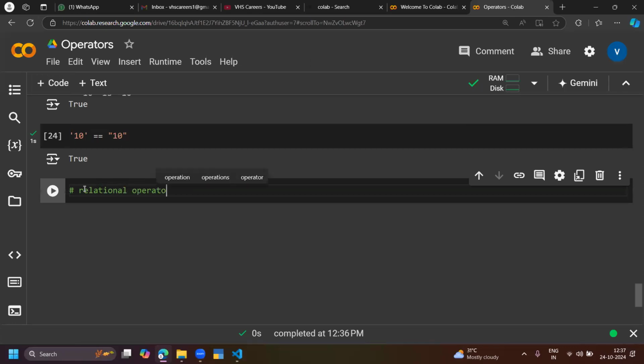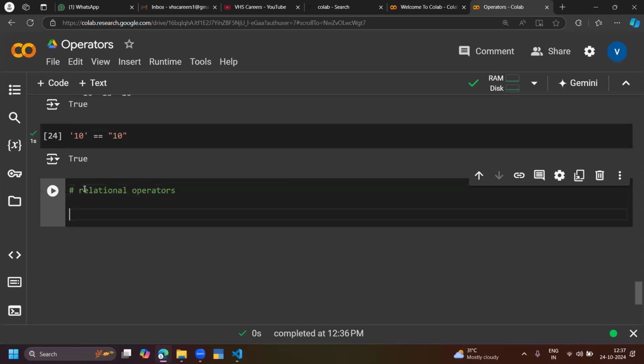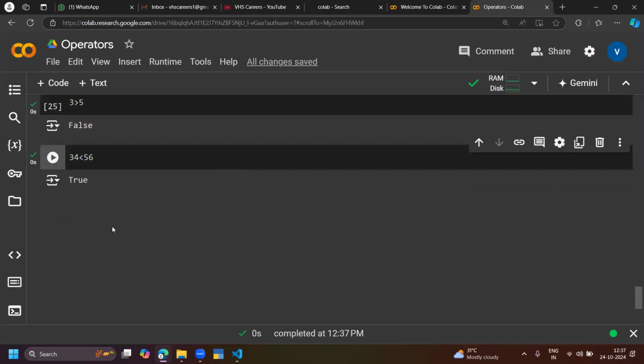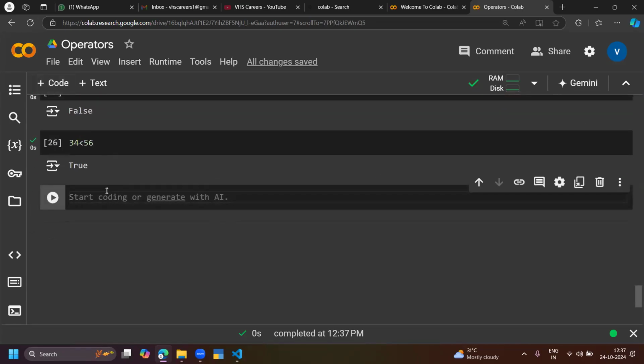Okay, so 3 greater than 5 is basically false. Okay, so let me go. 34 less than 56. That is true. Okay, so 34 less than or equal to 34. If less than is not working, equal to is working.